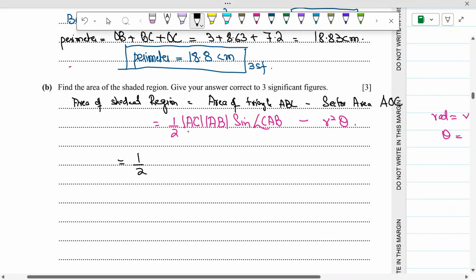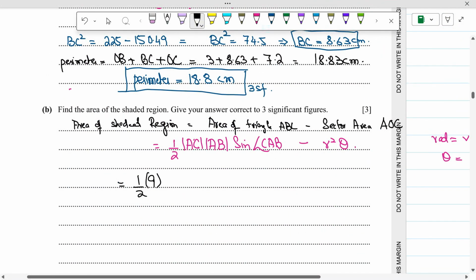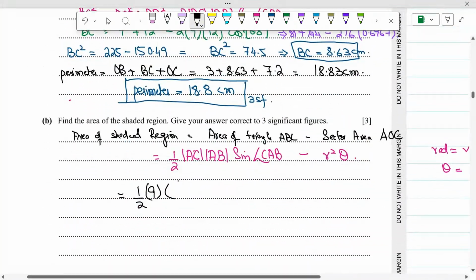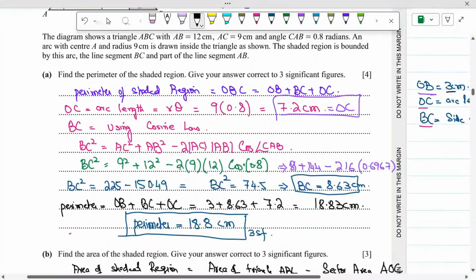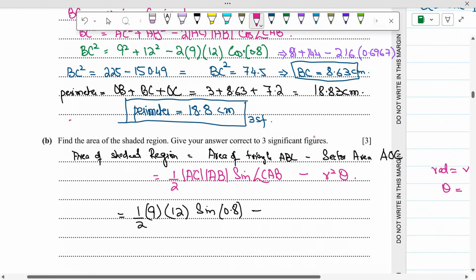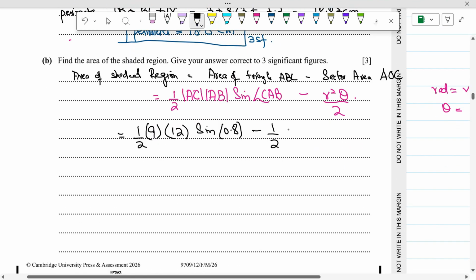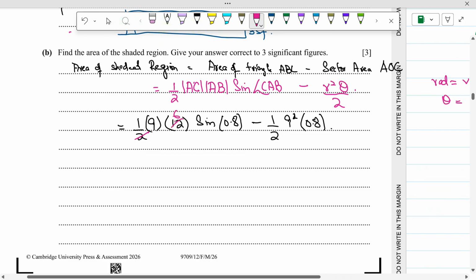So half AC is 9 times AB, which is 12, and sine of the angle between AB and AC, which is sine of 0.8, minus, it should be half of the radius square theta. So half of the radius square means 9 square, and theta is 0.8. So this half times 0.8 will be 0.4.